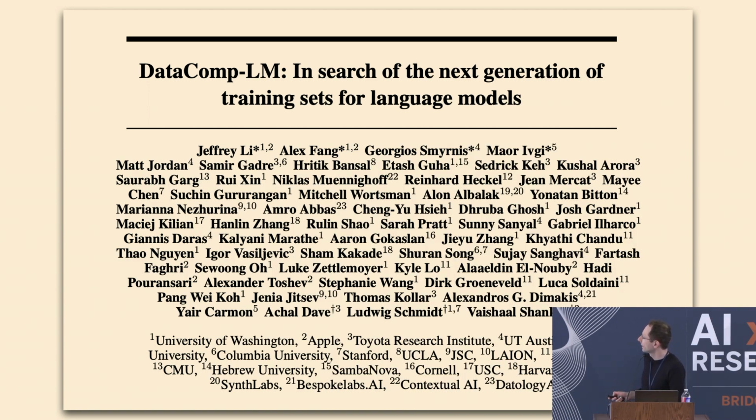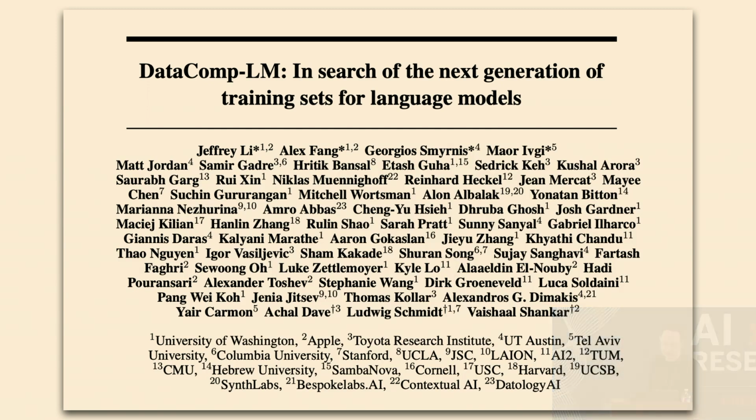And then here we have Vaishal. At the time he was a research scientist at Apple, now at Anthropic. Achal was at Toyota Research, also at Anthropic now. Yair is at SSI, Ilya Sutskever's new startup. Alex is here at UT, and so on. As we said, there's about 55 people on this paper. Can't go through everyone, unfortunately, but it is a really awesome team.